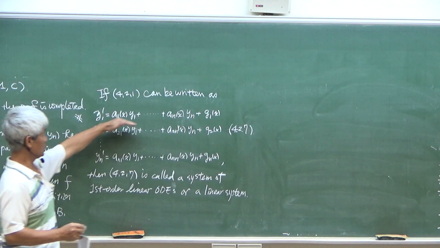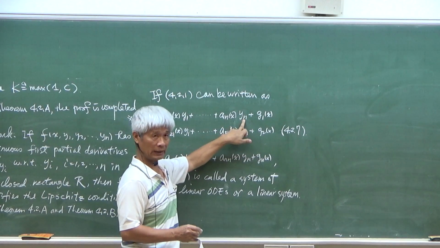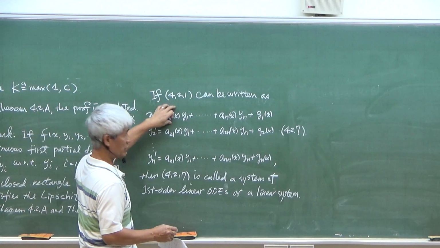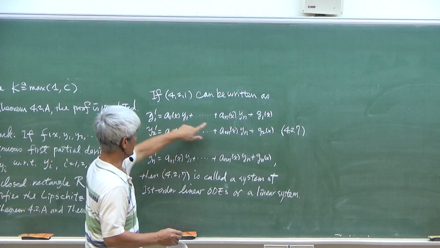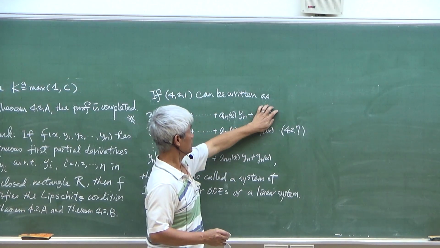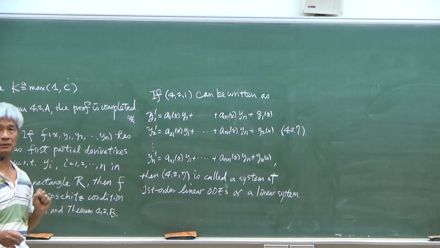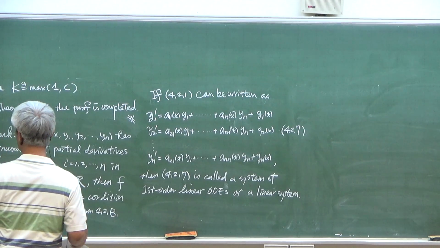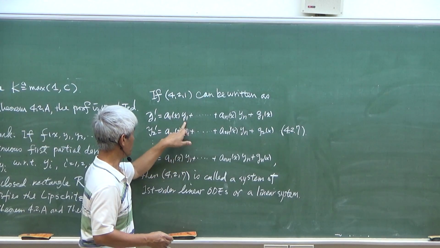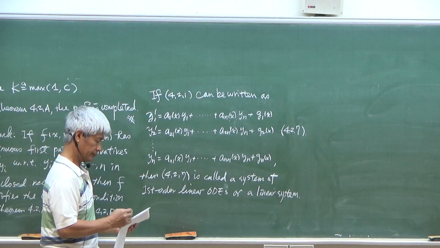That makes the f function a linear function of y1 up to yn. The coefficient in general is a function of x, and we have a non-homogeneous term. They are all functions of x. But the point is that f1, f2, up to fn are linear in y1, y2, up to yn. So they are called linear systems.